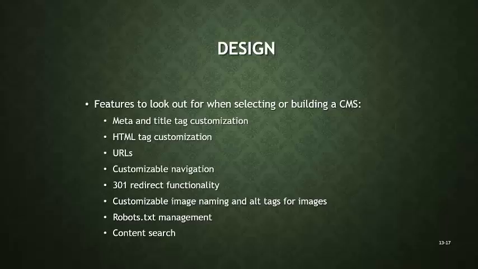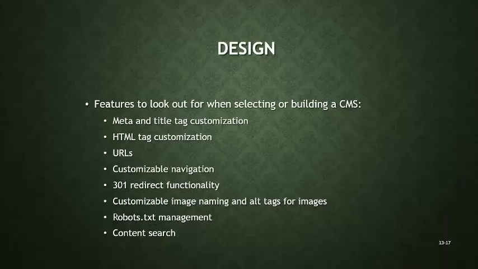Any HTML tag customization, you don't want to just be limited to the basic HTML tags. Does it handle your links correctly? Is there some kind of customizable navigation, or are you just stuck with the template they give you? Can you customize the image naming, do all the alt tags for the images?